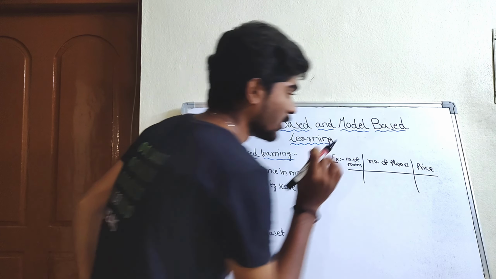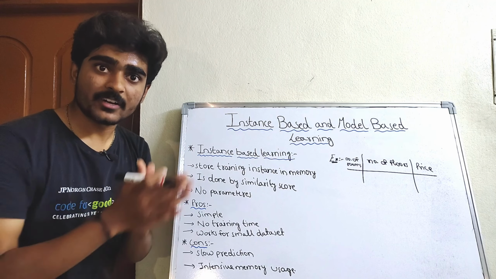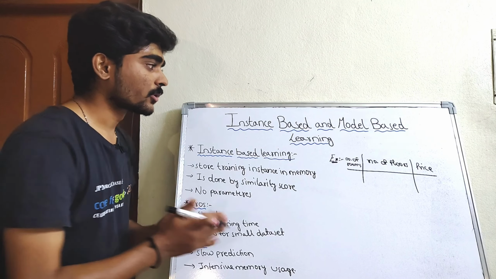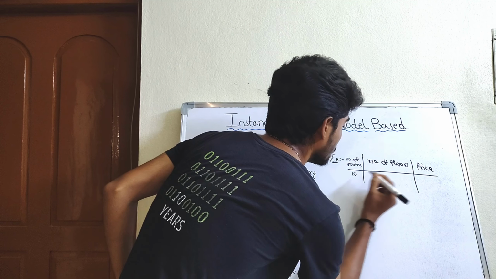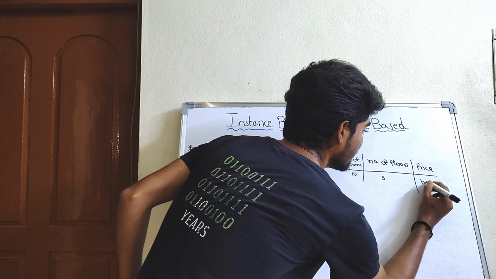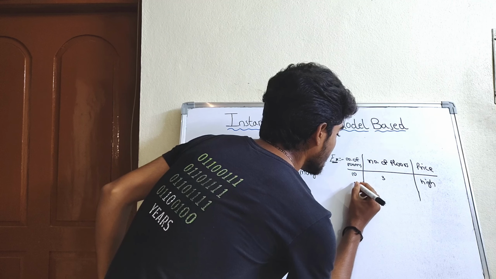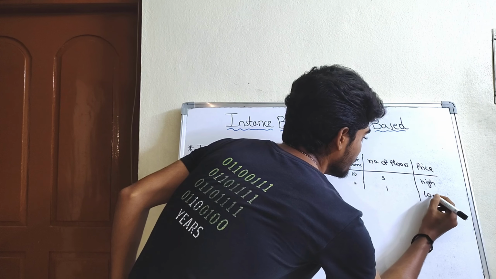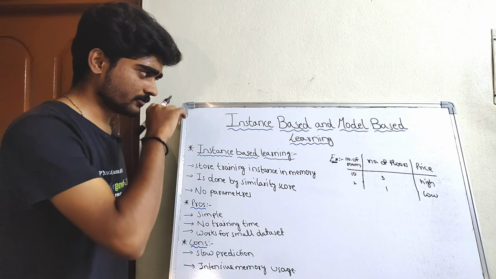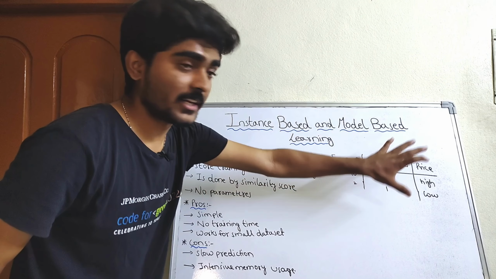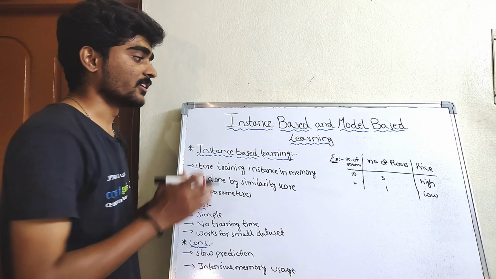In the price column we have either low or high, so it's a binary classification data set. Say we have 10 rooms and 3 floors, the price will definitely be high. If we consider 2 rooms and 1 floor, the price will definitely be low.